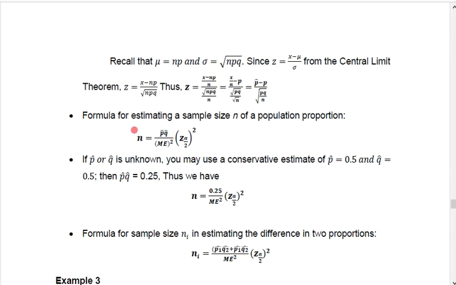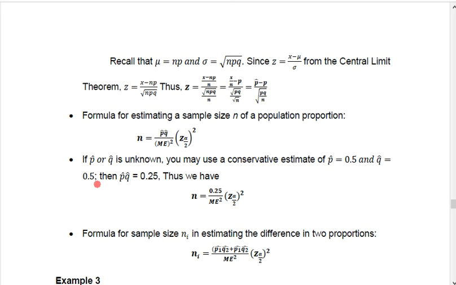Formula for estimating the sample size n of a population proportion, that would be n is equal to p hat times q hat over me, or the margin of error, squared. I-square natin siya or multiply by itself. And then multiply by z sub a over 2 raised to 2 again, or we have here the exponent of 2, or multiply by itself.